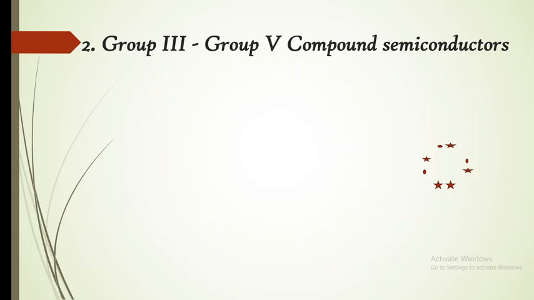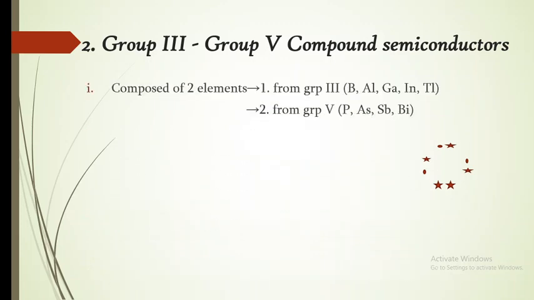From the name again we can understand the semiconductor is made up of two different elements. One belongs to group 3 of the periodic table, and another element is from group 5.